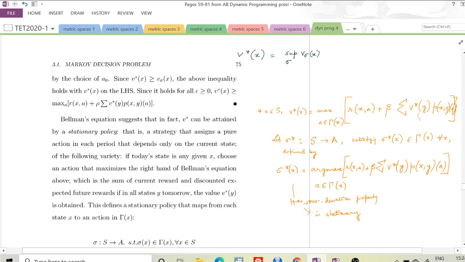That is, you cannot improve upon your payoff by deviating just here, wherever you are at time t with current state x. It's maximizing the present reward plus, discounted by beta, expected reward tomorrow, because from tomorrow onwards, you're valuing each state at the maximum discounted present value that you can get, right?